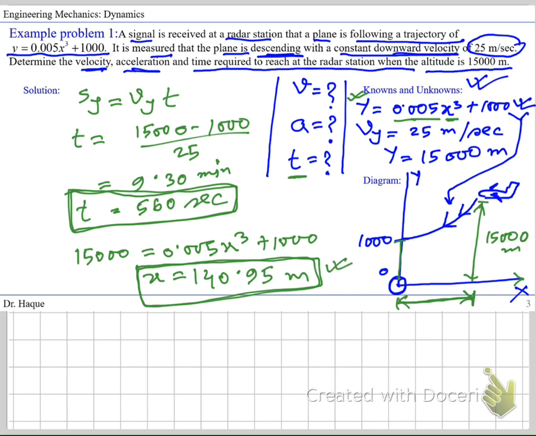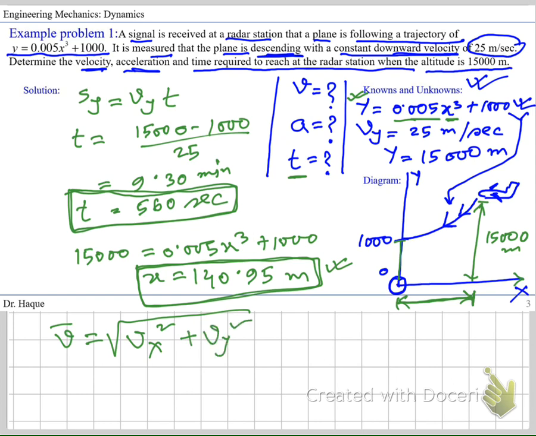So now let's solve for velocity. Velocity v, which is a vector, will have two components, in the x direction and in the y direction.